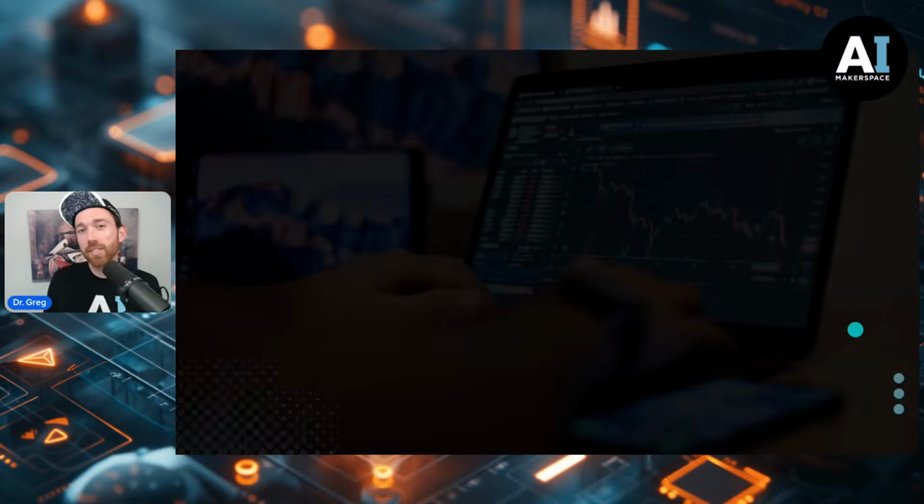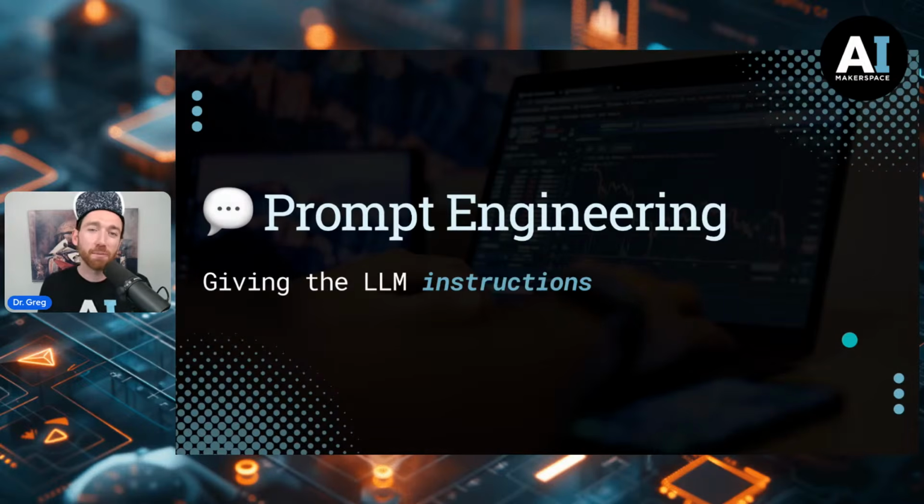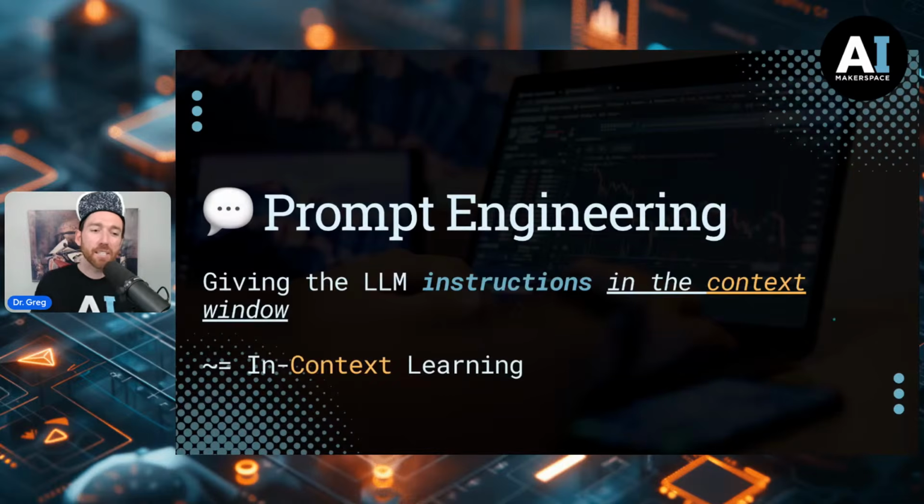Now, we came to sort of understand prompting as prompt engineering, maybe to ditch the engineering later. And now everybody, even average users, are prompting. And now maybe the engineers are doing more prompt engineering. This is simply giving the LLM instructions in the context window.